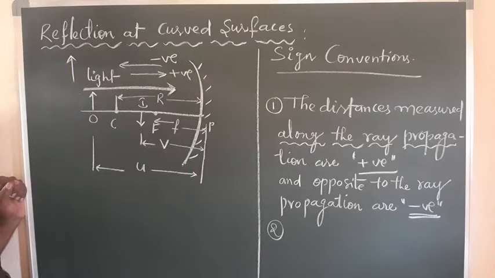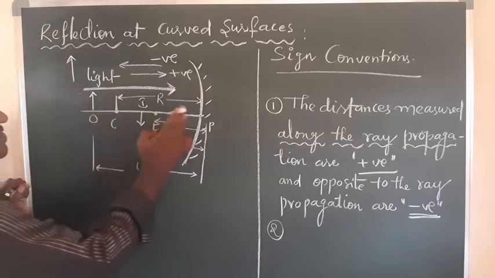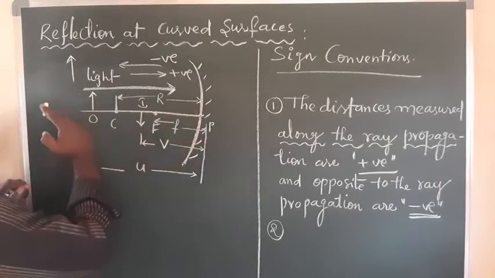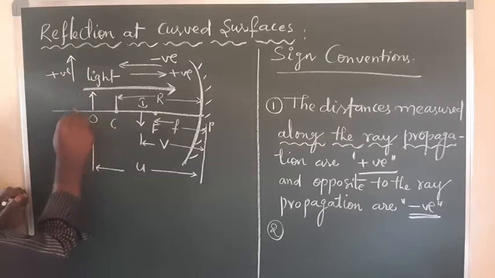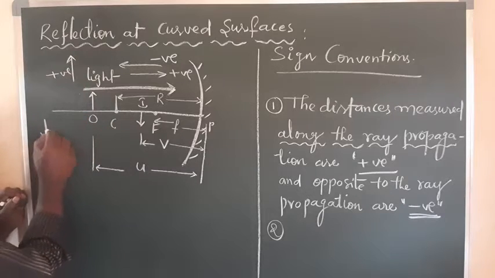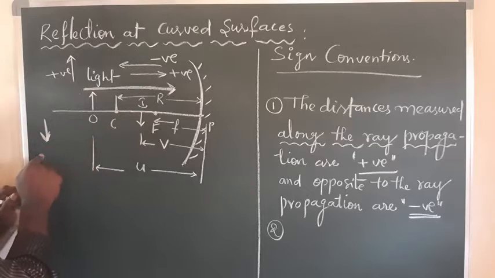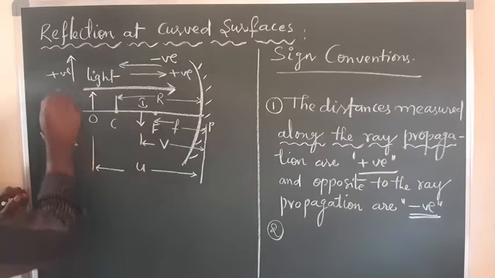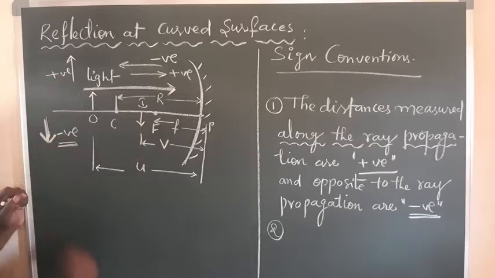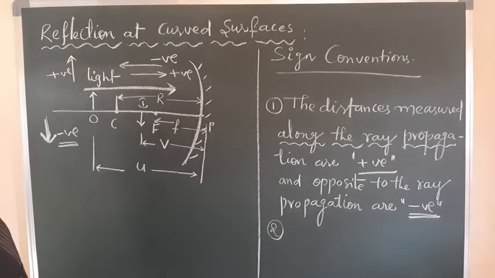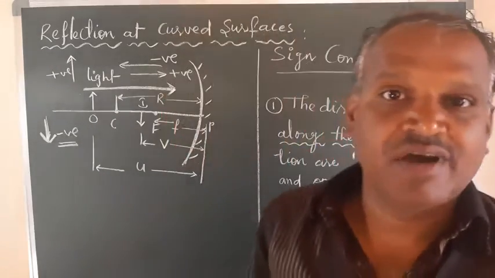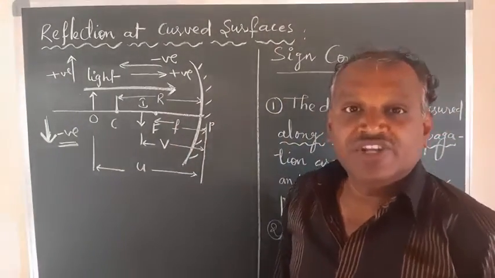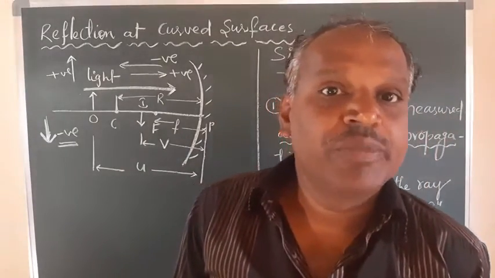Above the ray propagation, distances are measured, that means with respect to the principal axis, the distances measured above are taken as positive, and the distances measured below the principal axis are taken as negative. So the second sign convention you have to remember is that distances measured above the principal axis are taken as positive, and distances measured below the principal axis are taken to be negative.